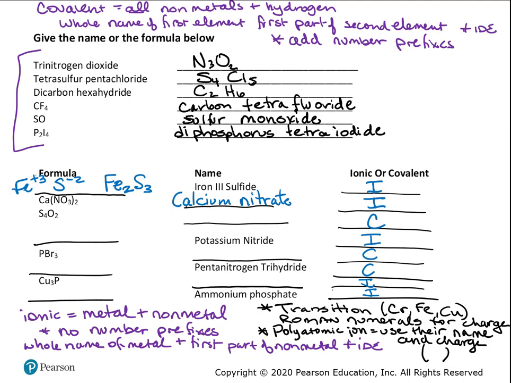For the polyatomics, you just use their name when giving the name from the formula. What about S4O2? Tetrasulfur. It's sulfur, there's 4 of them. And then dioxide. Which means 4 sulfurs, 2 oxygens.